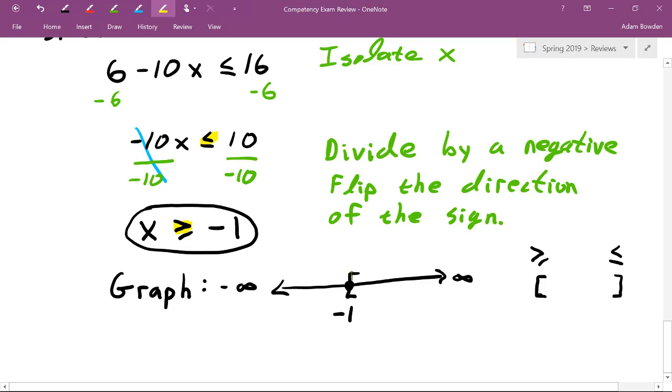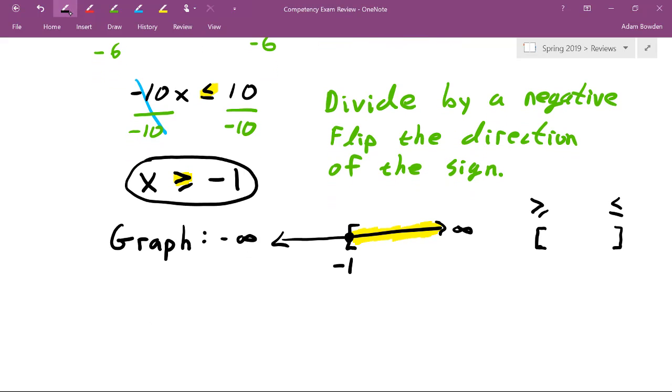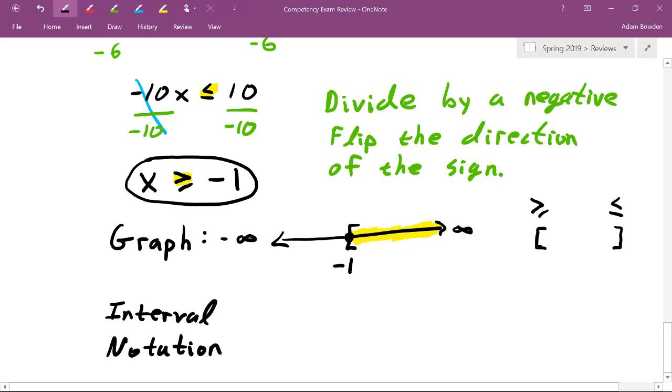And since this is greater than, it's pointing to the right, so I'm going to shade the number line on the right side to indicate the solution is heading in this direction. Then we write the interval notation: a bracket, negative 1, comma, and then what's going off on the right side is infinity, and we always close up infinity with a parenthesis.